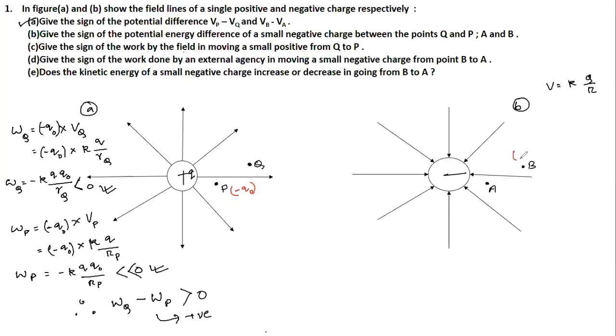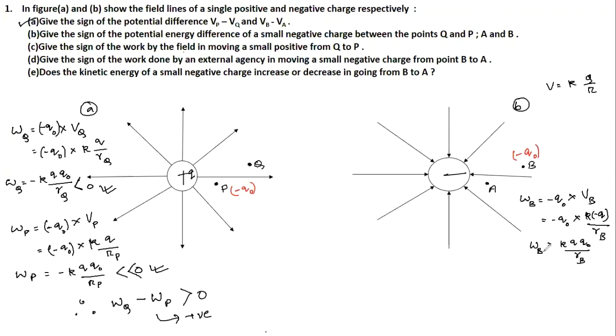Initially, we place the Q naught charge at point B and find the work done in bringing it from infinity to point B. It is minus Q naught multiplied by the potential at B, which is K minus Q by R suffix B. So we get a positive work done, K Q Q naught by R suffix B.